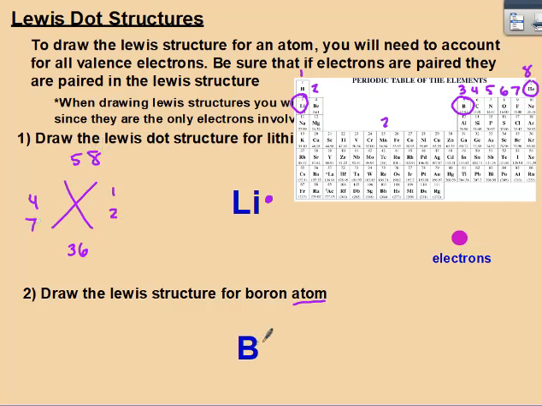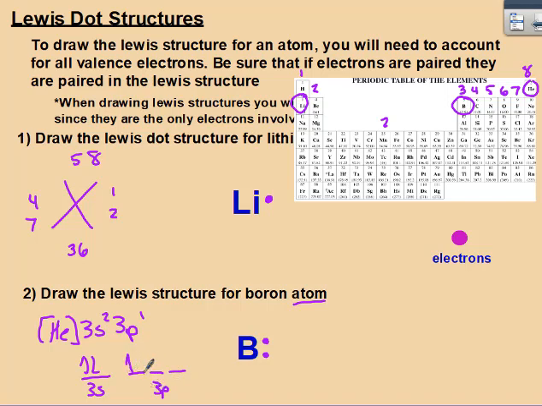So for boron, the first two should be paired, because if I was to write boron's electron configuration, shorthand, it would be helium, 3s2, and then 3p1. Its 3s orbital has its first two electrons paired, so they should be paired here. And then in the 3p, notice we have 1.